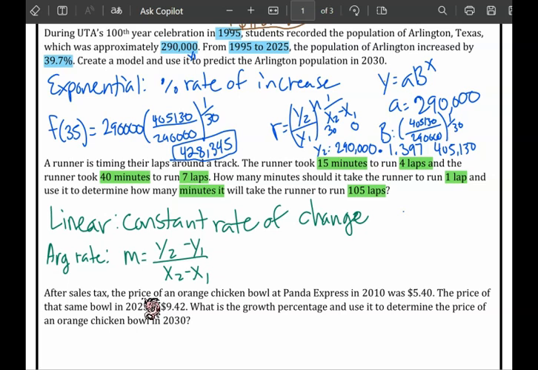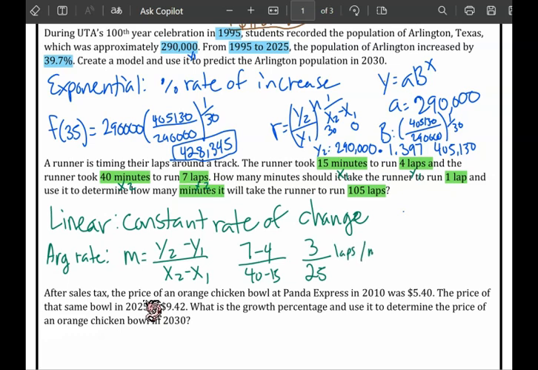We'll say this is x1, y1, x2, y2. Plugging this in, we have 7 minus 4 over 40 minus 15, which is 3 over 25.